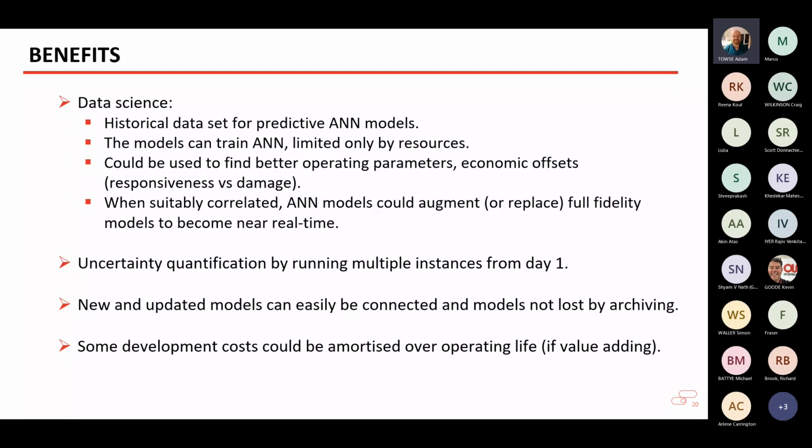Therefore, some of the development costs for creating these models in the first place can be amortized not just across the capex, but also over the opex over the life of the plant, and modern plants are running out to 60, even 80 years, or potentially even more. So that's a big deal commercially.